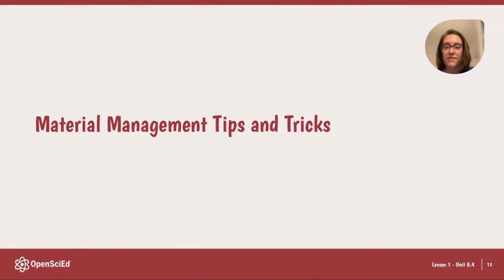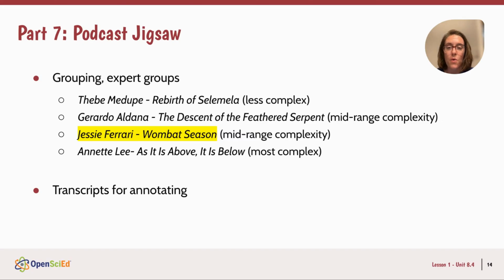Now here are some material management tips and tricks. With the podcast jigsaw, when you're making your groups, something to keep in mind is the complexity of each podcast. All of them are accessible to a wide range, but if you want to break it down by complexity, it is listed on the slide.